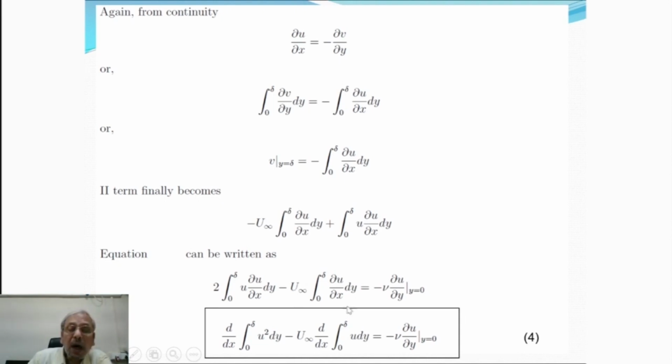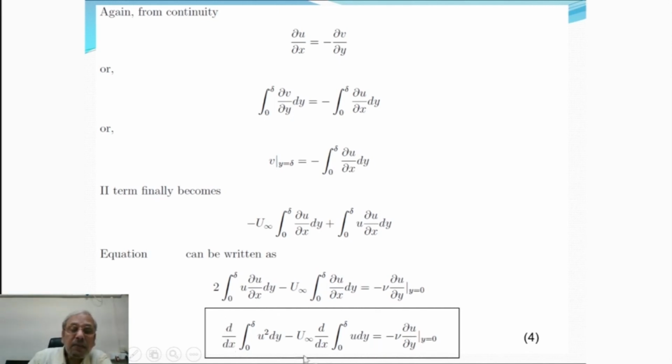Same Leibniz rule can be applied here, that is u infinity d/dx of integration 0 to delta u dy equal to minus nu ∂u/∂y at y equal to 0.